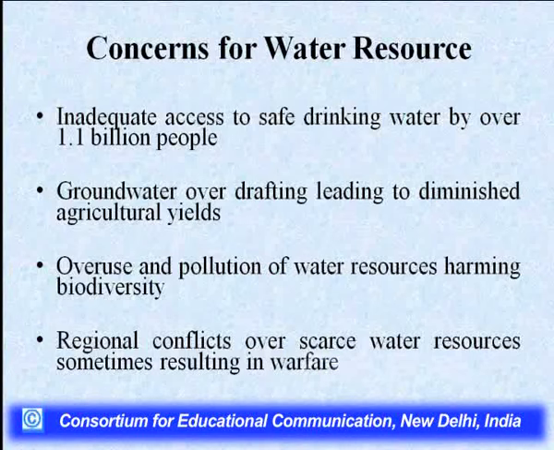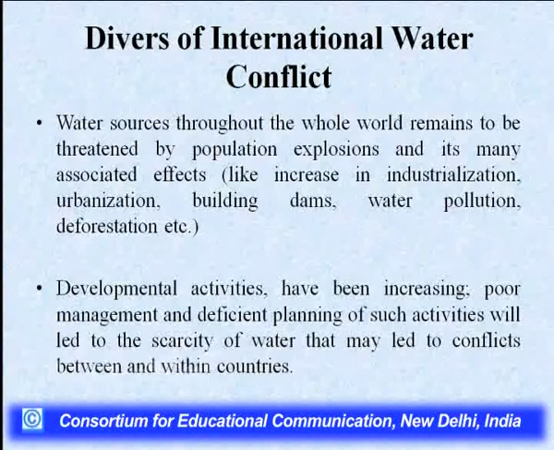After seeing this, we can see that there are various drivers of international water conflict. The most important driver of water conflict is population, because the population is increasing day by day. As the population increases, industrialization, urbanization, construction of dams, pollution and deforestation take place.